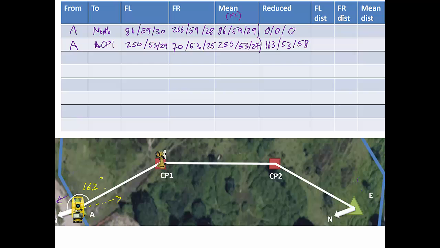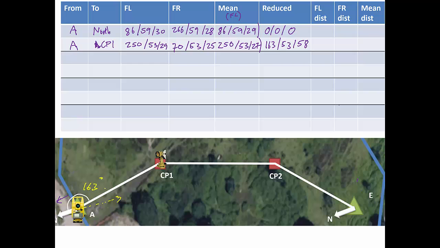Now, if you got an angle that looked, when you did your reduced calculations, that was over 180 degrees, but you knew that you didn't have an angle over 180 degrees, then you've got to redo it. Because you're going to have larger groups this time, you should be doing the calculations as you go along. So bring a calculator and make sure that at each point you're doing the calculations as you go along, because it's going to save you time and you won't have to then repeat the exercise later on.